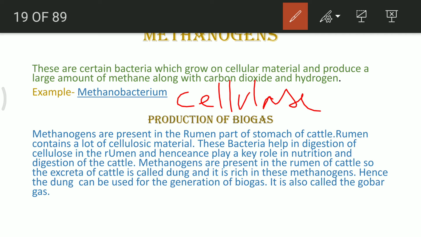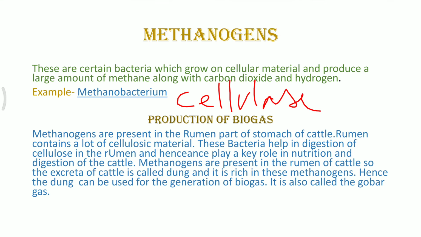This cellulase enzyme is not present in the body of the cattle. This cellulase enzyme is present in the body of the methanobacterium, and this methanobacterium lies in the rumen part of the stomach of these cattle.